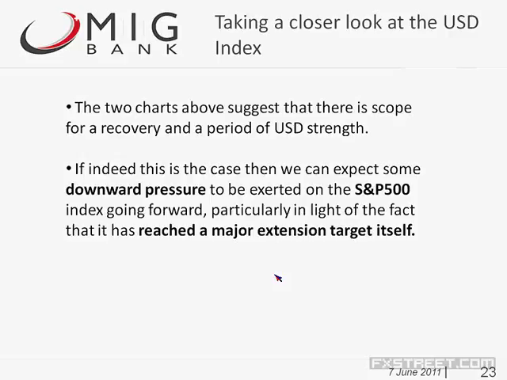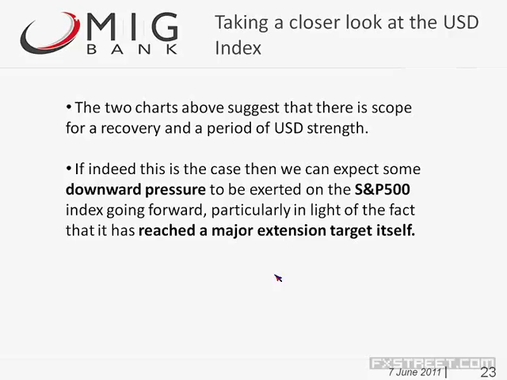So both of those charts that we just looked at suggest that there is scope for a recovery and a period of dollar strength. So if we do actually see some dollar strength manifesting itself in the markets, we can also expect some downwards pressure to be exerted on the S&P 500 index going forward.